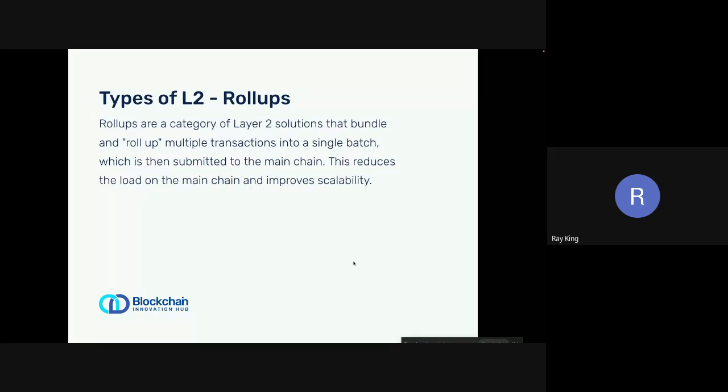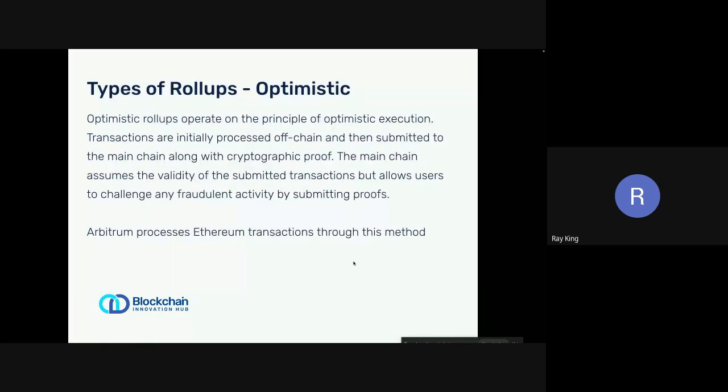Now, we'll be looking at the types of rollups. There are two types: the optimistic rollups and the ZK rollups. ZK as in zero knowledge proofs. Now, in understanding optimistic rollups, they operate on the principle of optimistic execution.